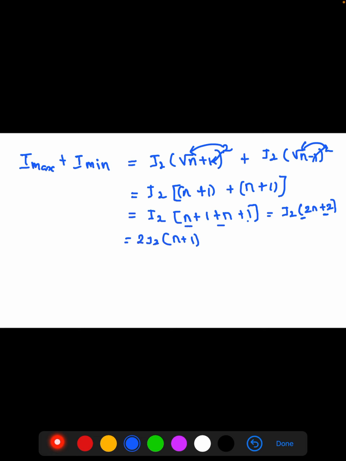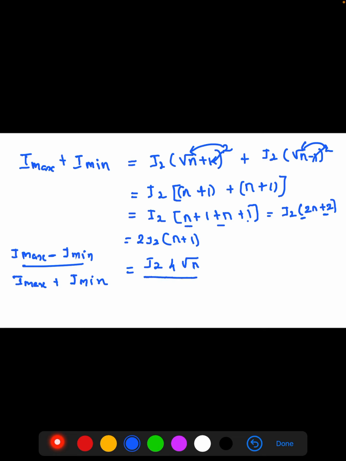So look at the formula carefully. You have to find I max minus I minimum by I max plus I minimum. The I max minus I minimum we already found: it is I2 into 4 root n.